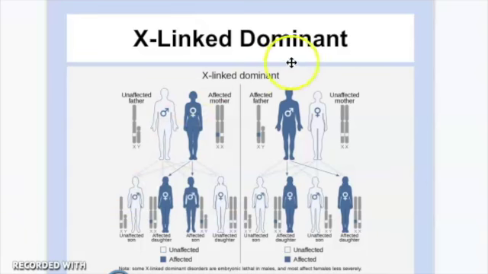Okay, so looking at an X-linked dominant trait, for that, all you need is just one, I had to think about that, just one of what's considered the dominant allele.